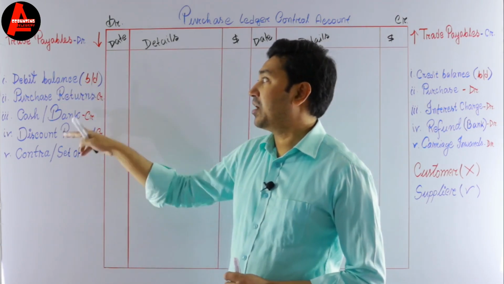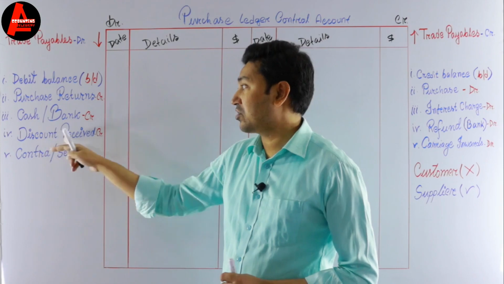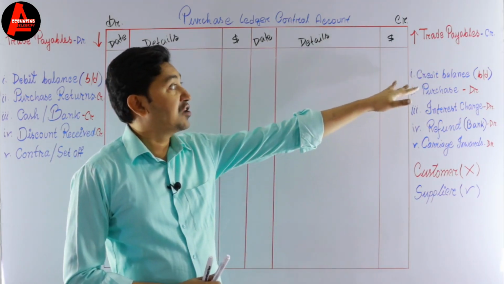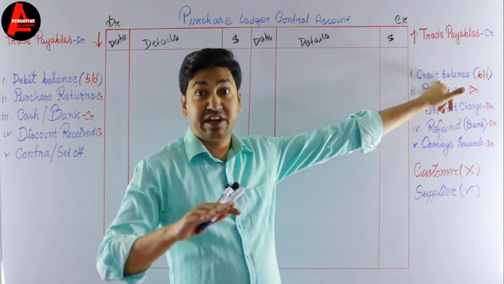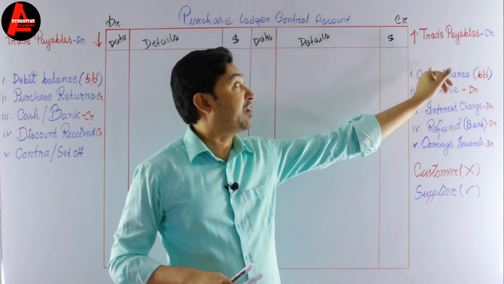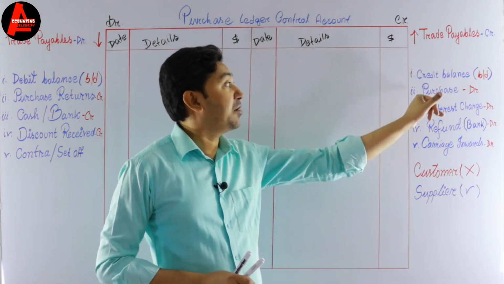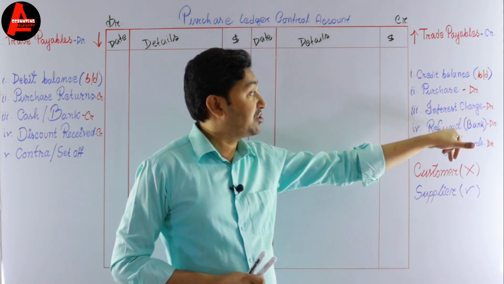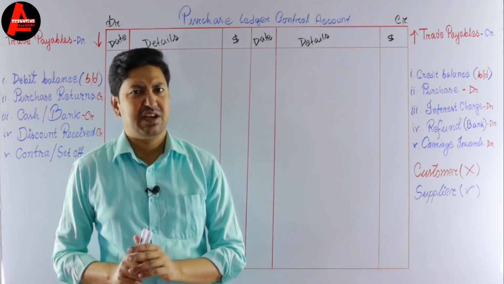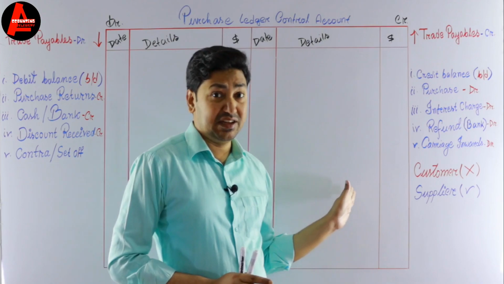Then we have purchase returns, cash and bank, discount receipts, contra or set-off. On the credit side we have the credit balance. If the question gives a credit balance of the purchase ledger control account, we record it on this side. Then purchases, interest charged, refund, carriage, and so on. These types of items will be given in the question, and you have to write them on this side.